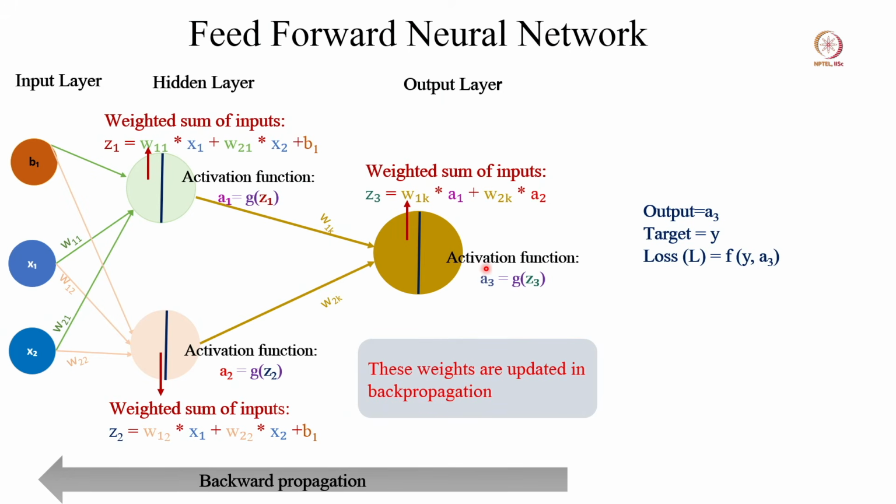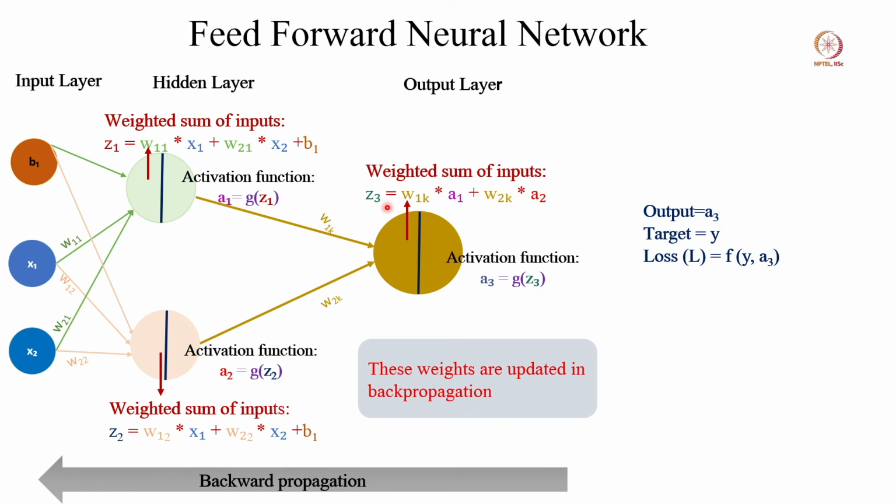Now, if we see here, A3 is a function of Z3, and while calculating Z3, all my weights have come into picture, W1k, W2k, they are a part in the calculation of Z3.